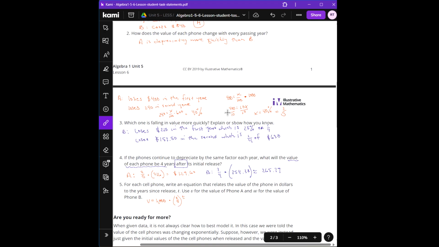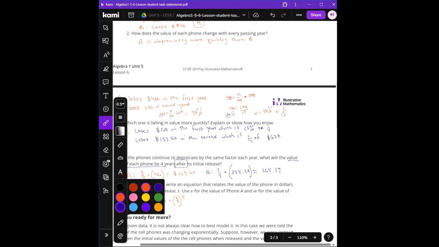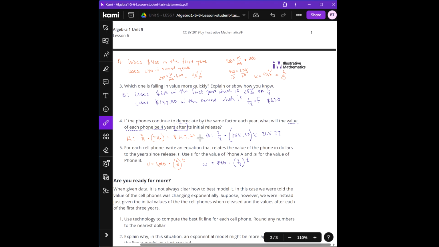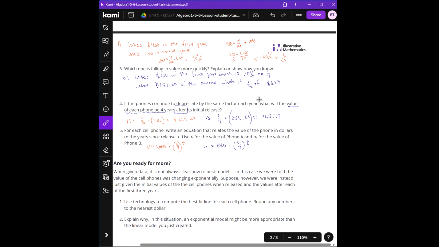And then for our next one, W is equal to 840 times 3/4 to the power of T. So those are the equations that relate the value of the phone in dollars. This isn't how much it's been reduced, it's how much it's worth.